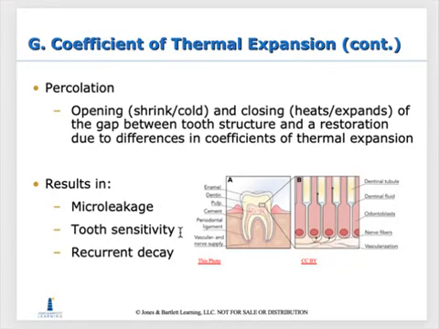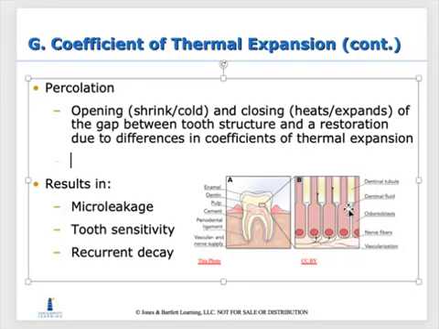It can create a lot of sensitivity. For instance, here, this is an example of our dentinal tubules that are very porous and open to temperature sensitivity. And then also recurrent decay can happen if you have microleakage or a gap in between a restoration and a tooth, right?